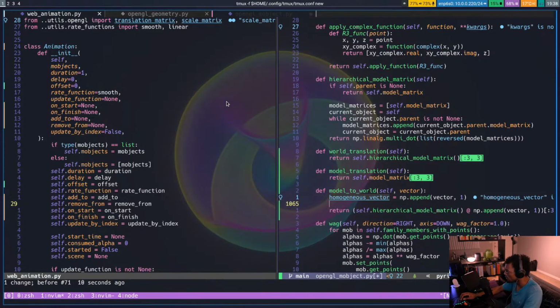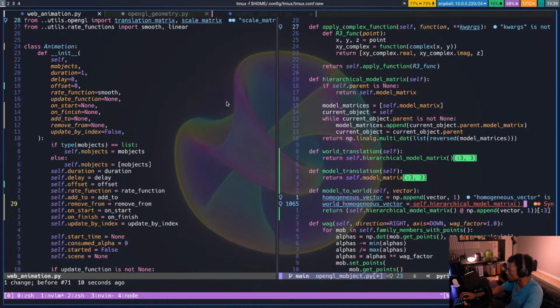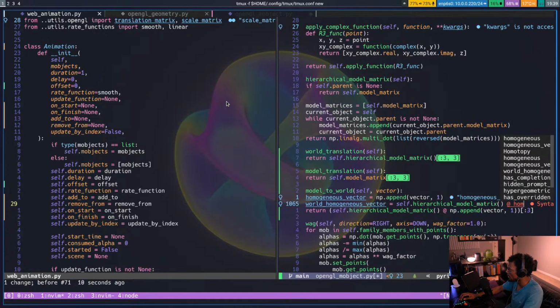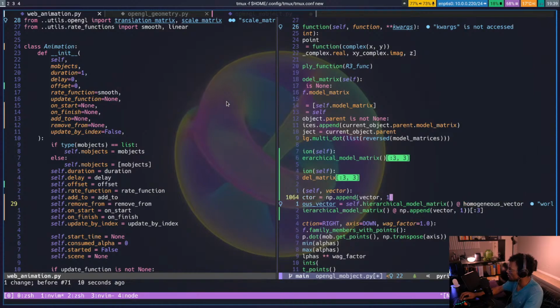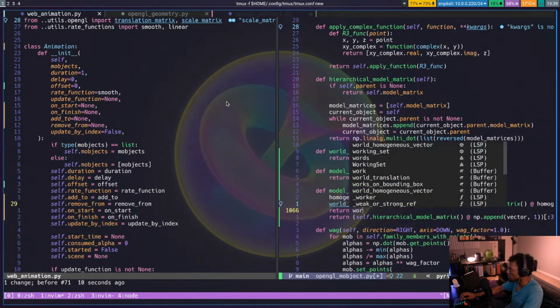Then, world homogeneous vector. Goes this at a homogeneous vector. Return.